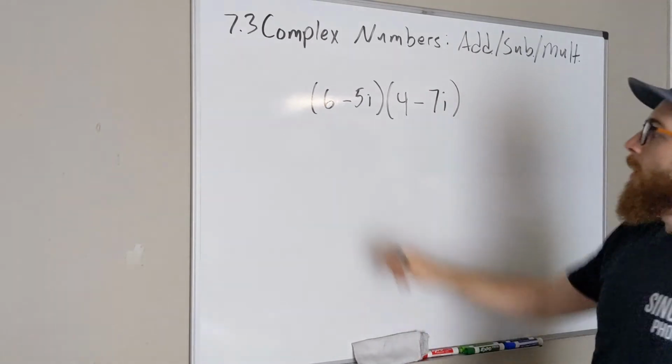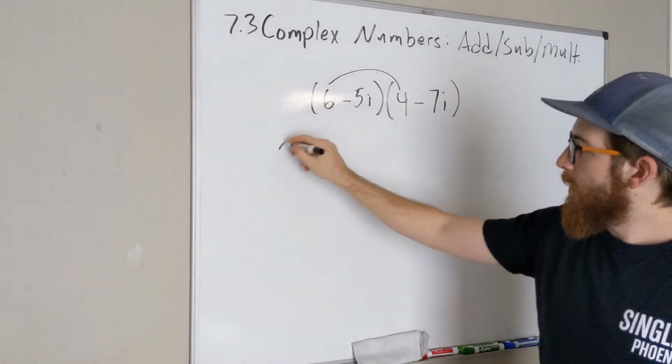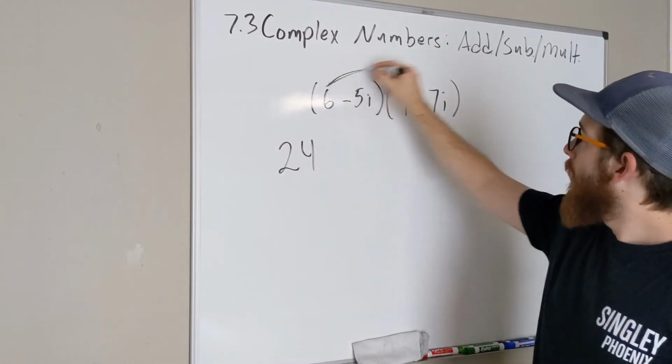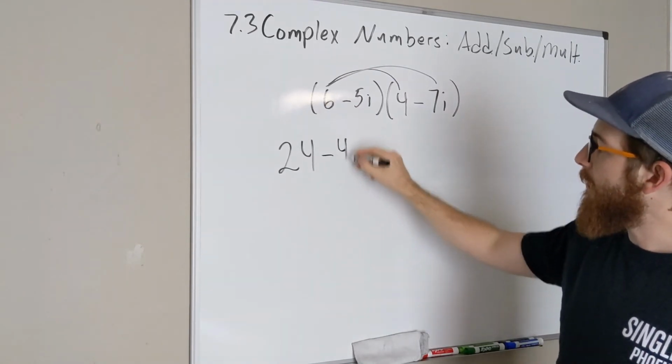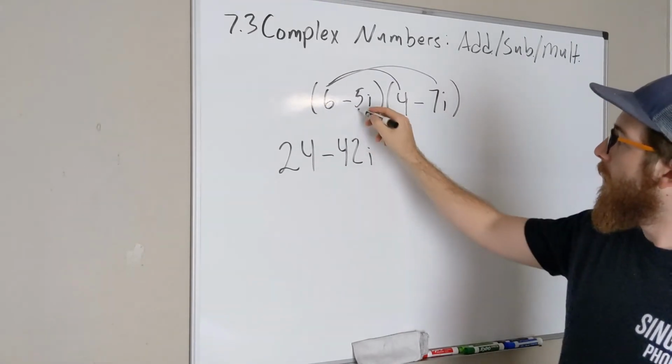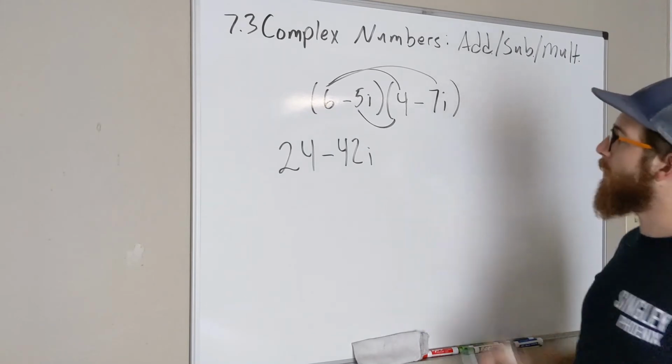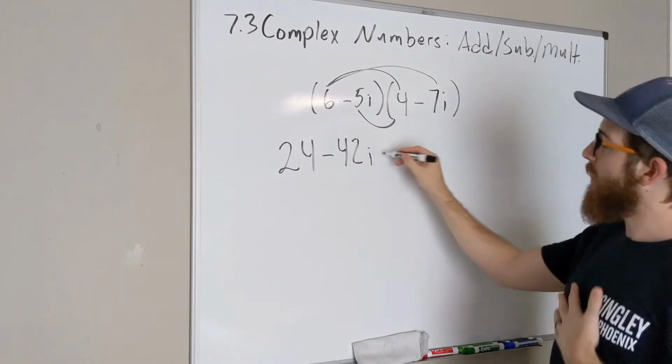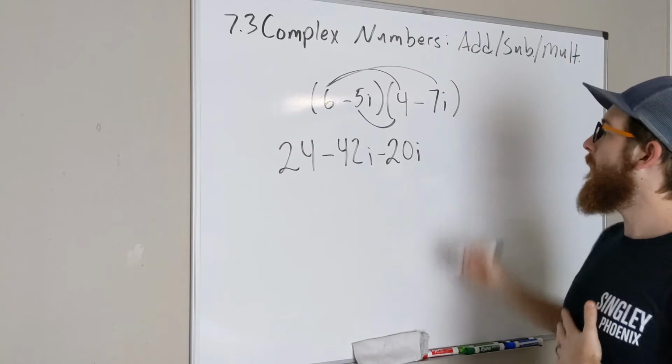Okay, so first times first, 24. First times last, negative 42i. Last times first, negative 5 and positive 4 is negative 20i.